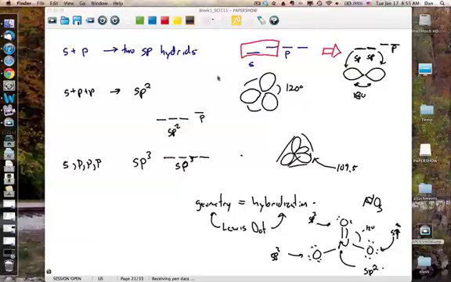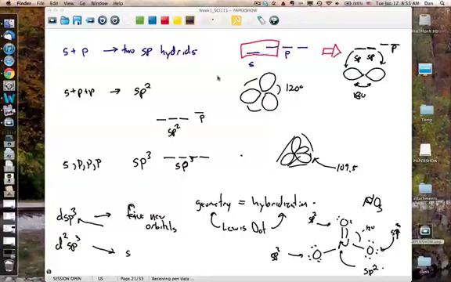Now, there are two other hybrids, the dsp3 and d2sp3, that generate 5 degenerate orbitals, because they are made up of 5 individual orbitals combined to form 5 new hybrids, and the one that generates 6 new hybrids.